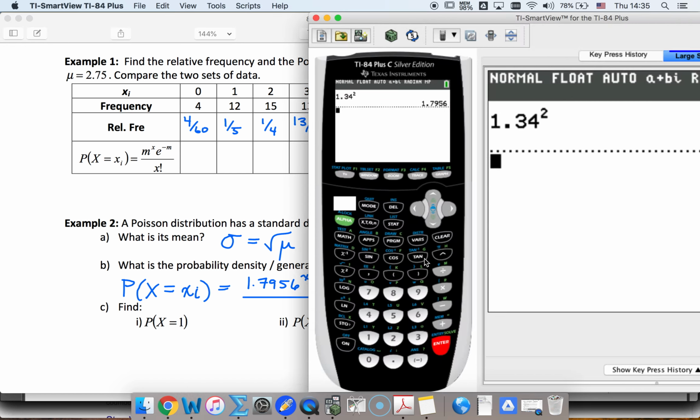So I'm going to come over here. I'm going to store that answer as letter A so that I can then plug it easily into my formula. I'll make my fraction.